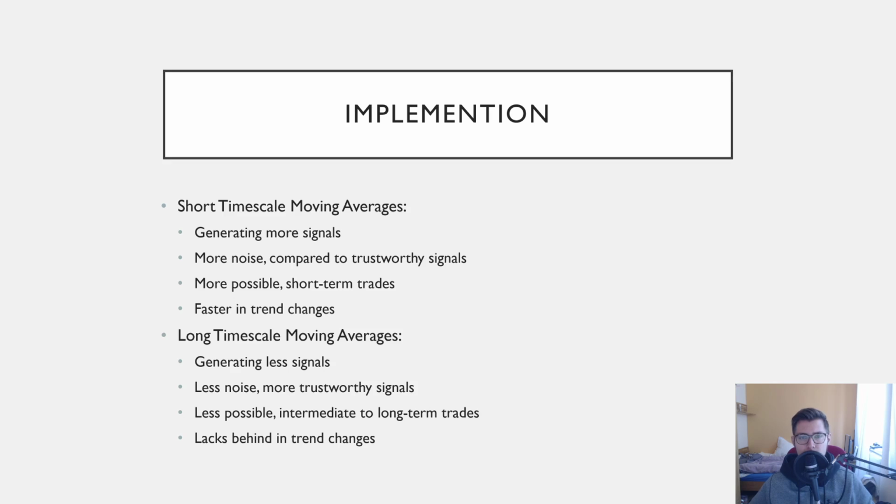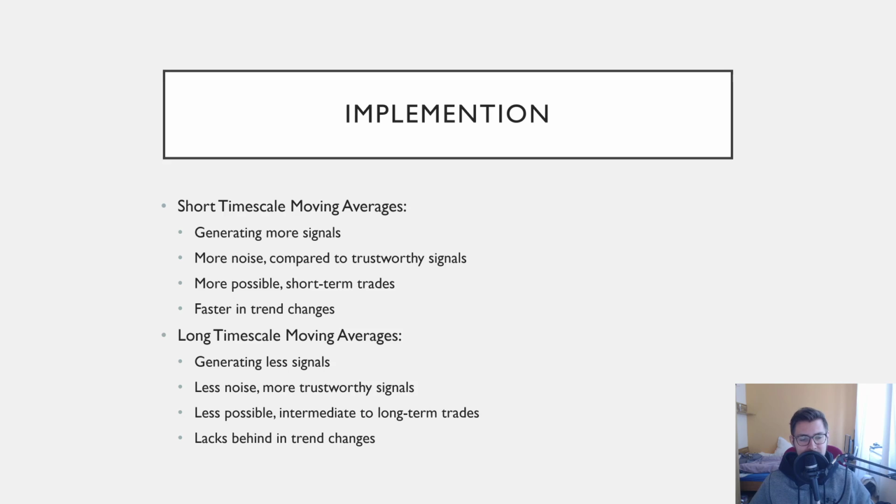So you have to analyze which signal you really want to take. There are also more possible short-term trades compared to longer-term and lesser trades, and also the shorter timescale moving averages recognize trend changes a bit faster.